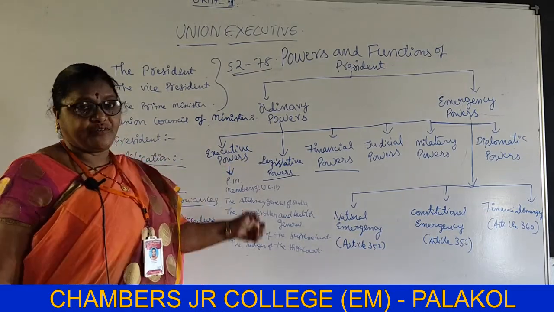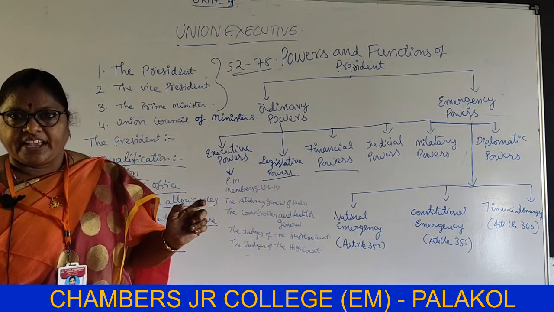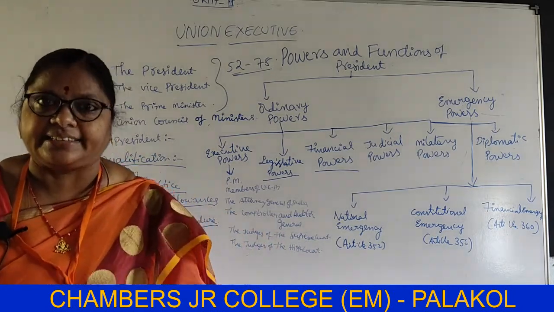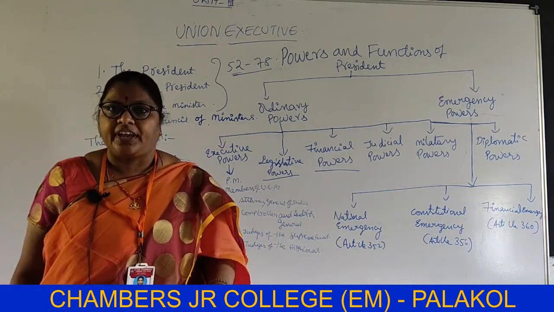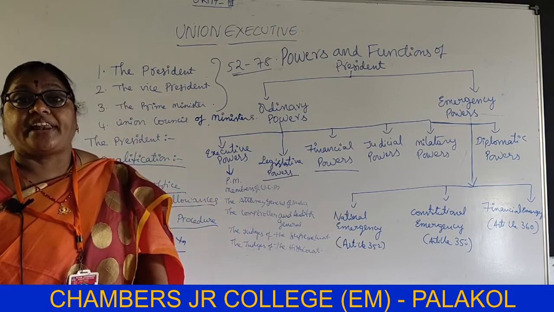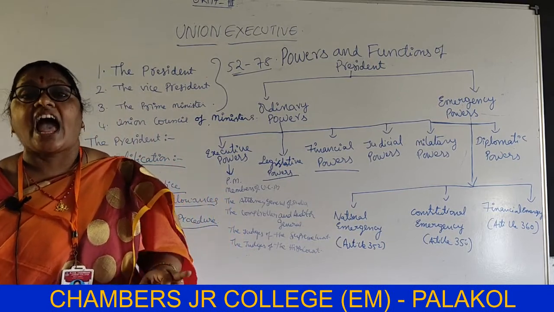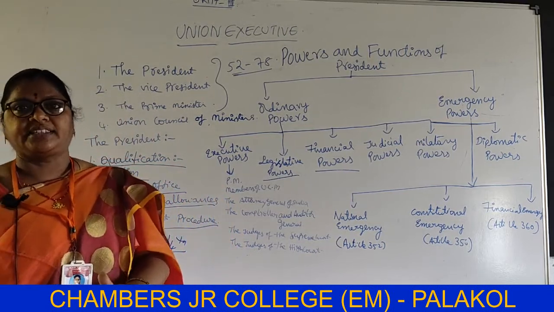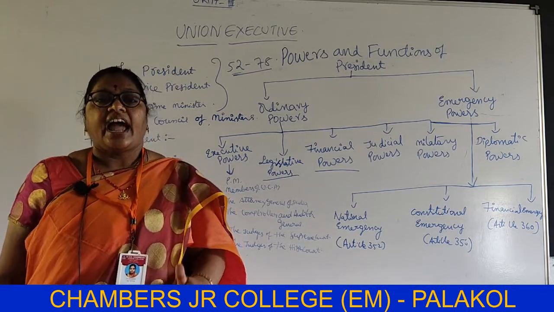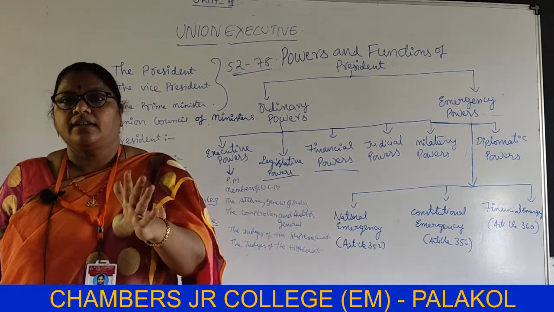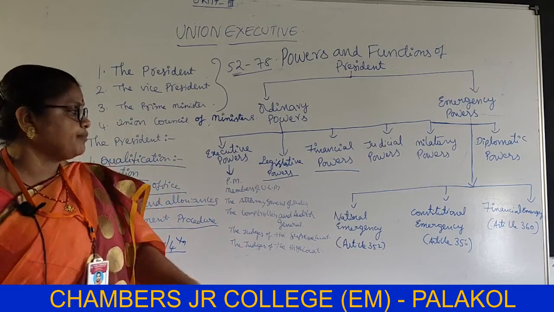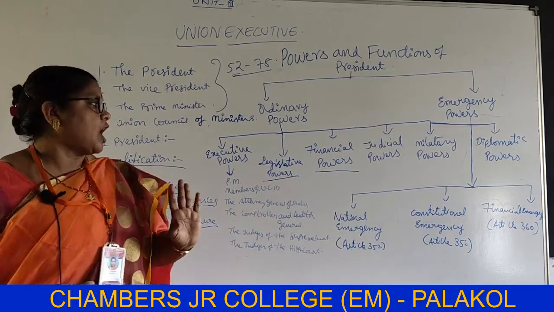Every year at the beginning of the financial year, the president will see the annual financial statements, or the budget, and he lays it before the parliament. Parliament means both the houses.